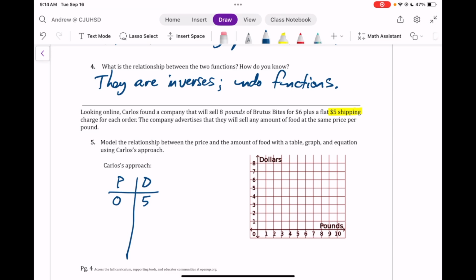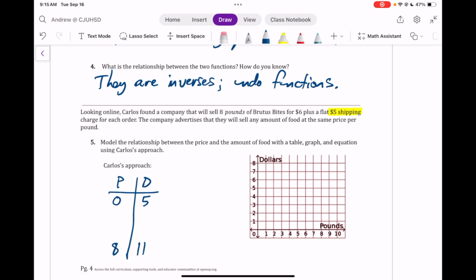So if we were to jump to, well, let's go to 11 here. 6 plus 5 would be $11. So we've paid the $6, we've paid the shipping fee, and they're going to send us 8 pounds.